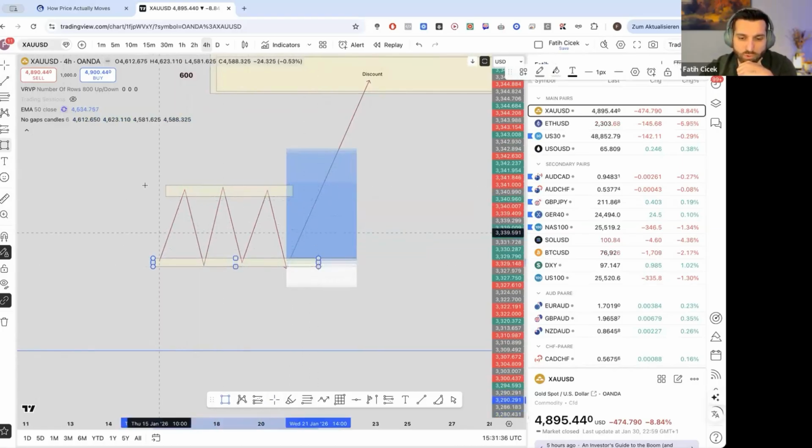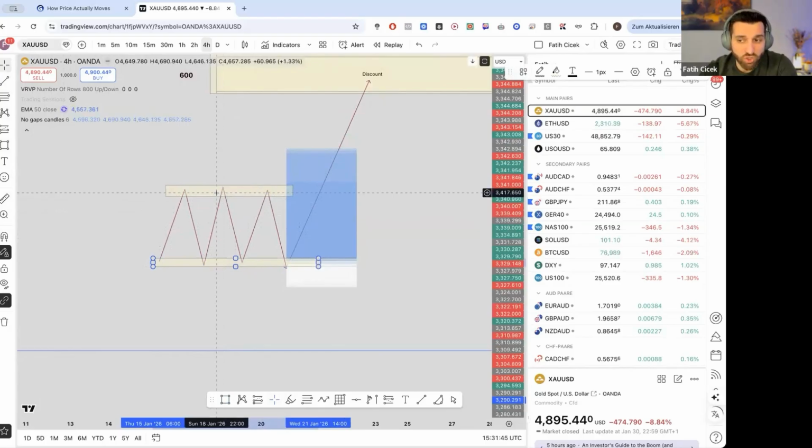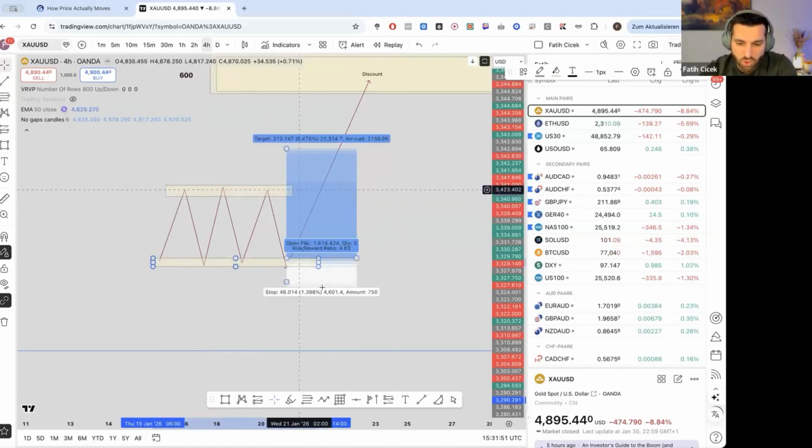So they're printing this accumulation to entice retail traders, which is us, to go with market structure and then put their positions here at these two zones.